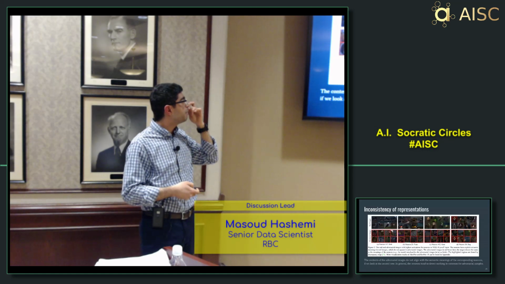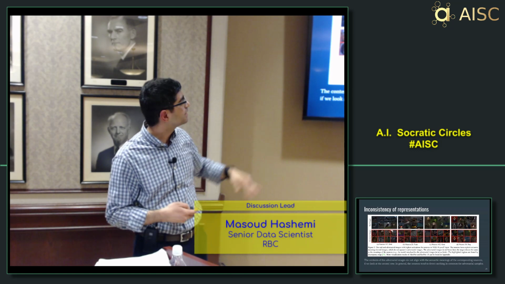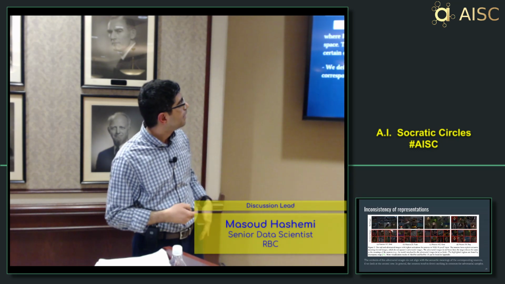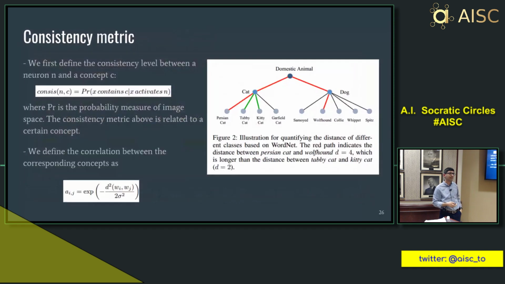So again, to remind you of the problem: the network is inconsistent, and they want to solve it. They define what it means to be inconsistent, and to measure the inconsistency they introduce a metric with two parts. One part is the consistency of each neuron for a concept, which could be a part of an image, a texture, a color, whatever you can think of.